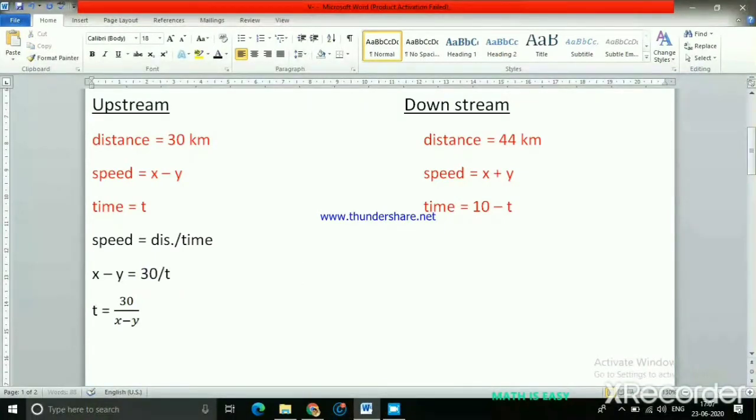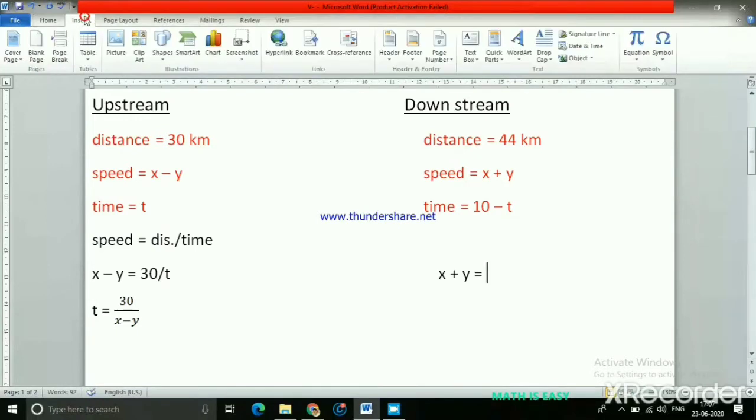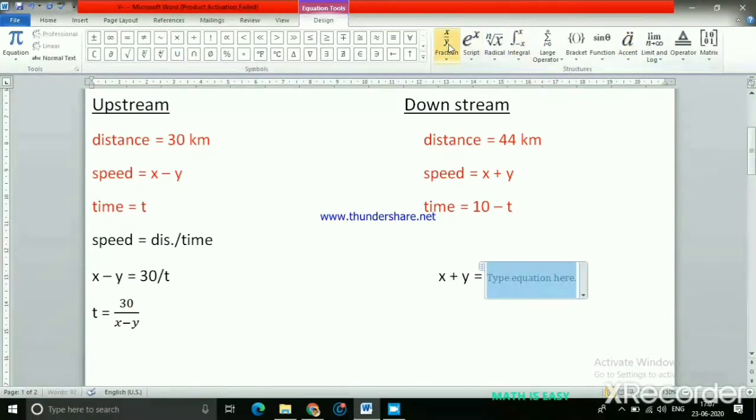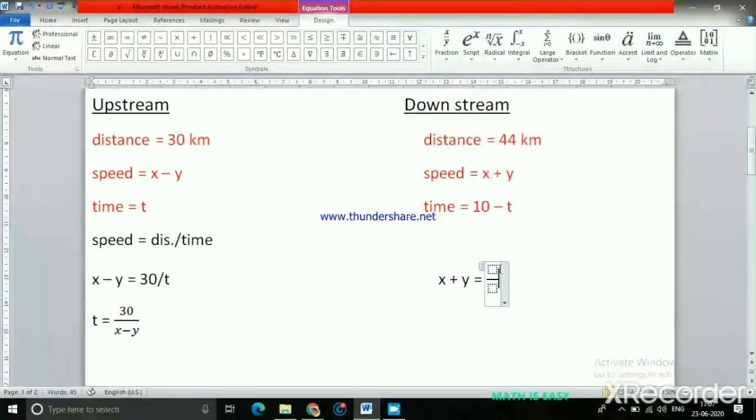Now here also I apply speed equals distance upon time. Here the speed will be x plus y equals distance, which is 44 kilometers downstream, and the time taken is 10 minus t.